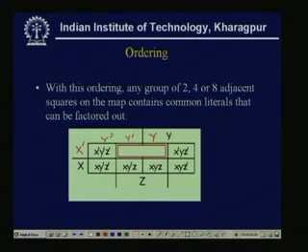Now see, if I consider these middle two adjacent min terms, then it will be x dash y dash z and x dash y z.